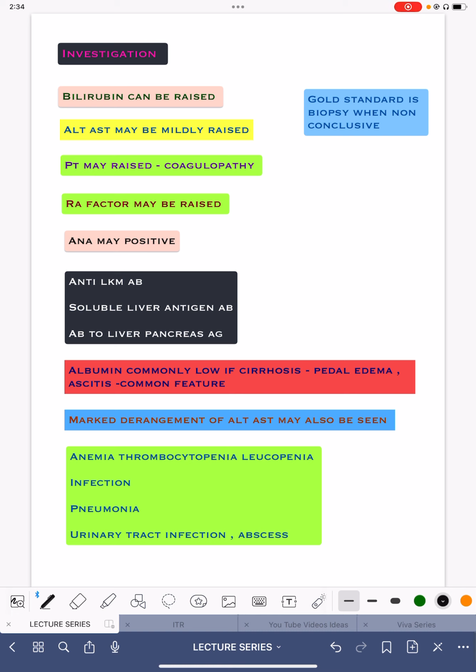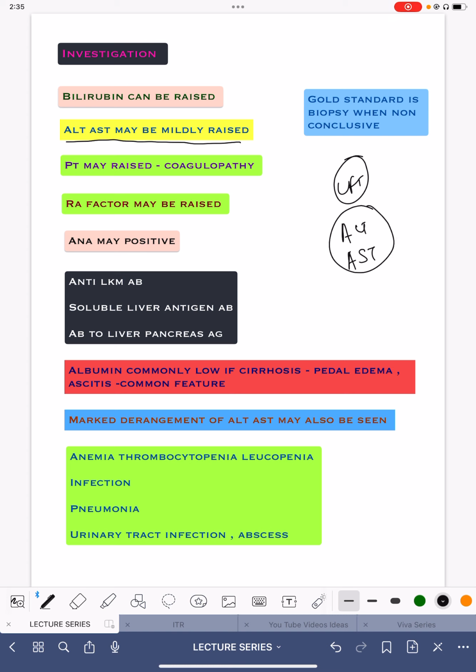So these could be all the clinical features that a patient with autoimmune hepatitis may present with to the clinic. Now, how do we investigate? As it is hepatitis, we should always start with LFT. Bilirubin can be slightly raised, but usually it is never more than 7 or 8 or 9 or 10, because primarily it is a disease of the liver, so there will be deranged SGOT and SGPT, that is AST and ALT.